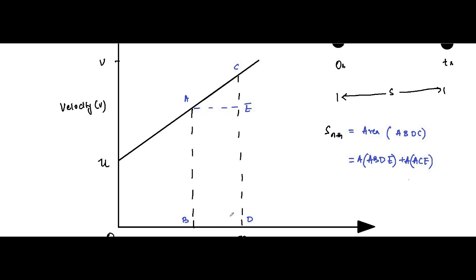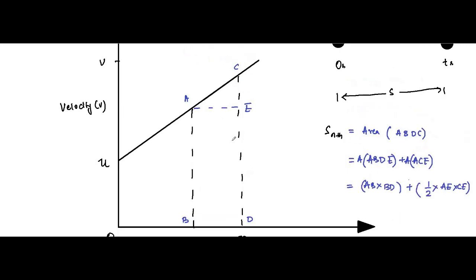The area of ABDE is nothing but the product of the two adjacent sides, which is equal to AB into BD, and the triangle will be 1/2 into base into height, which is 1/2 AE into CE. Now everything lies with this.